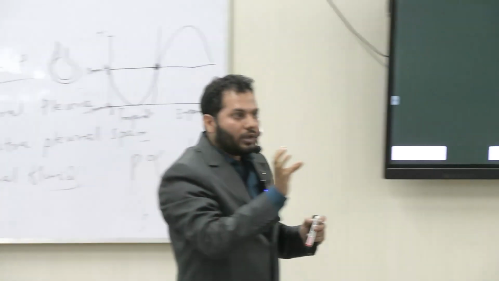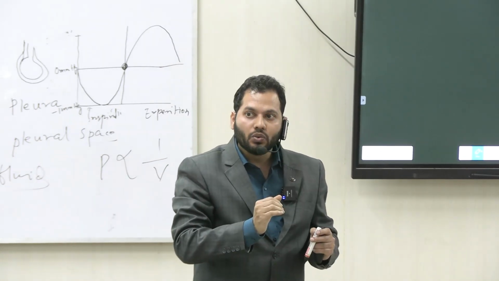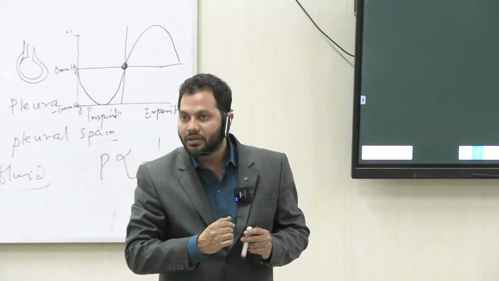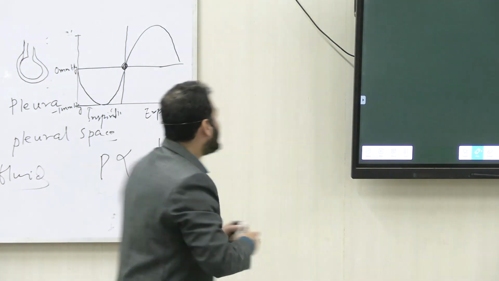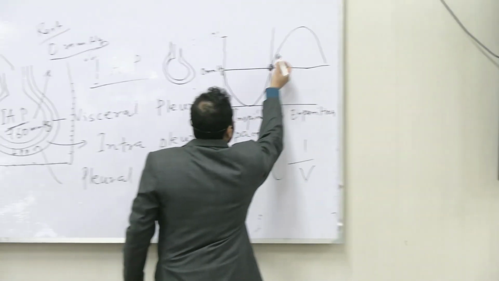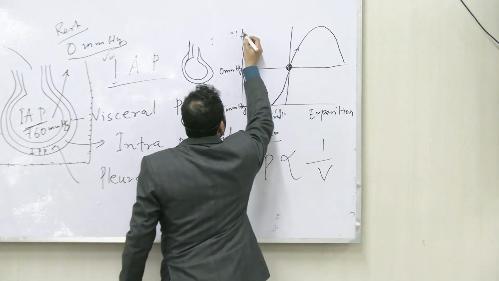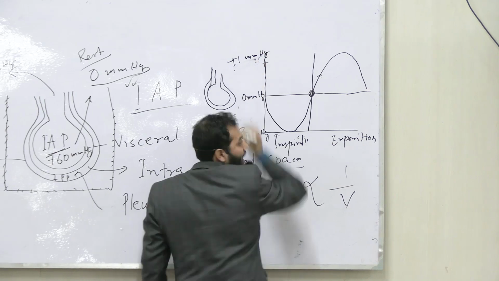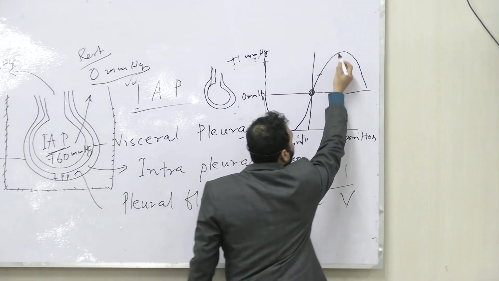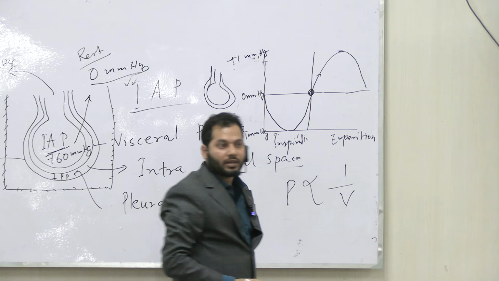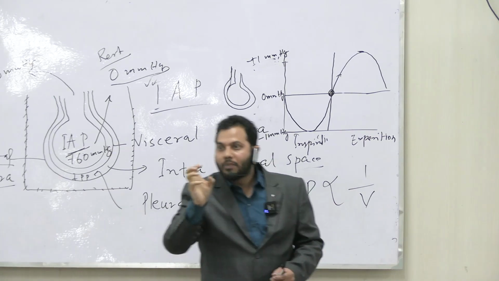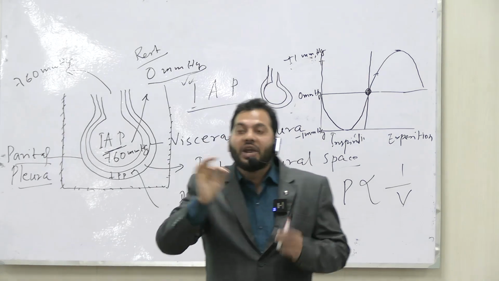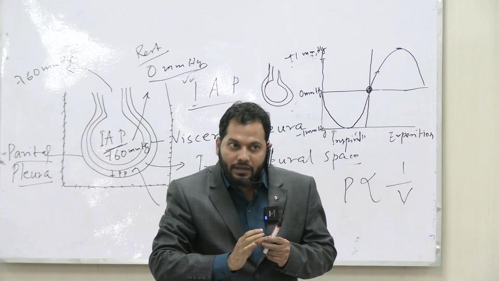Shrinkage of lung alveoli leads to an increase in pressure, right? So it moves towards 1. It means at the mid expiration, due to shrinkage of lung alveoli, pressure increases, right?